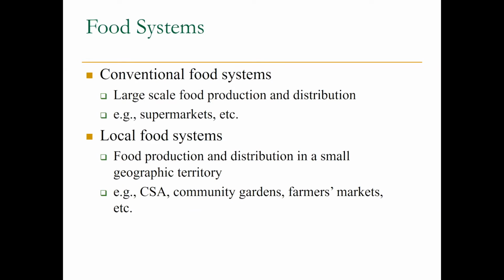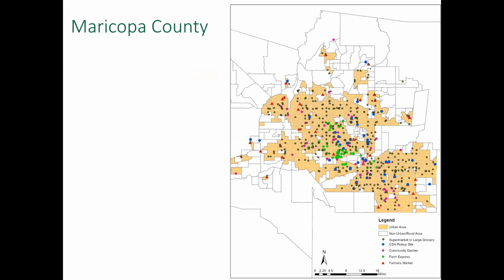But on the other hand, we do have local food systems where food production and distribution occur on a relatively smaller geographic territorial scale. For instance, we have community supported agriculture, community gardens, and some, like our fellows talked about, farmers markets and some other outlets.